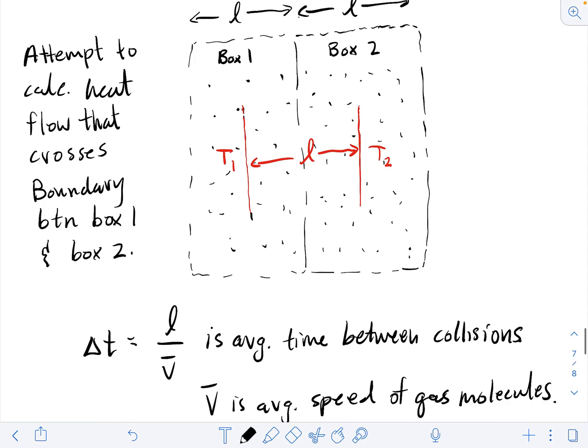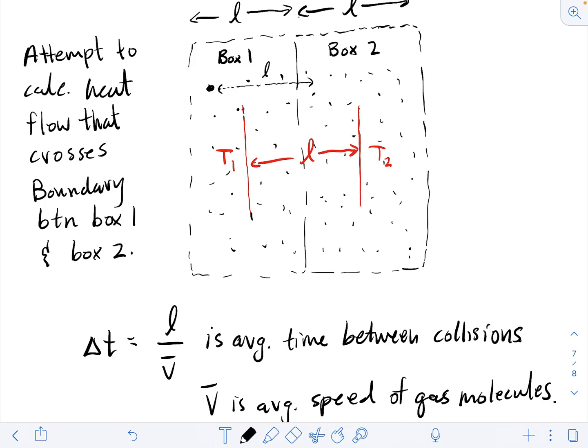If this particle was moving to the right, it would move a mean free path L before scattering, and if it did that, it would end up in box 2.